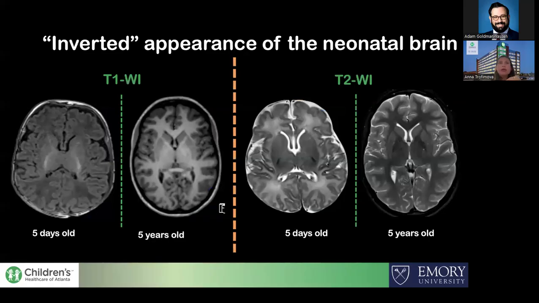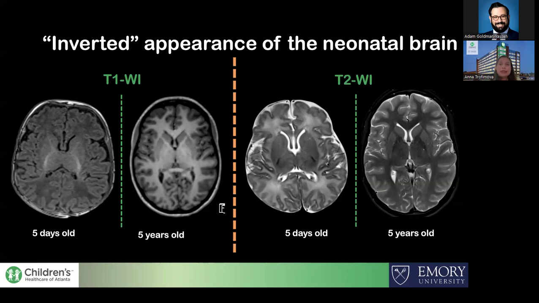If we compare images of the neonatal brain to an older child, on the left-hand side we have T1 weighted images, and on the right-hand side we have T2 weighted images. For each of them, we have a set of images of a 5 days old and a 5 years old.